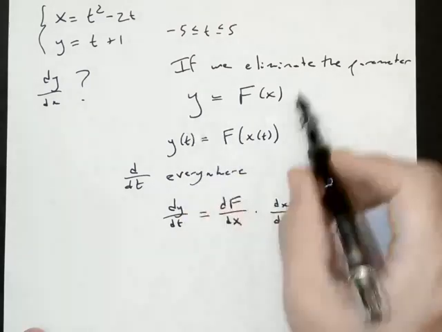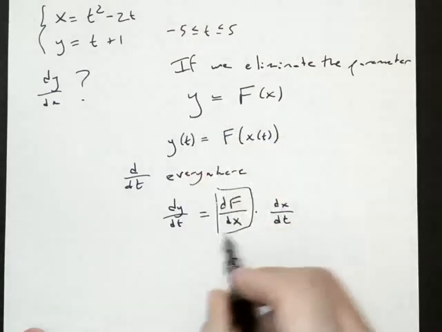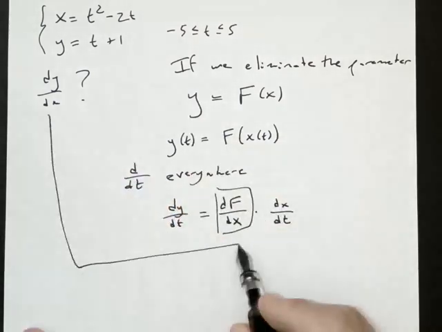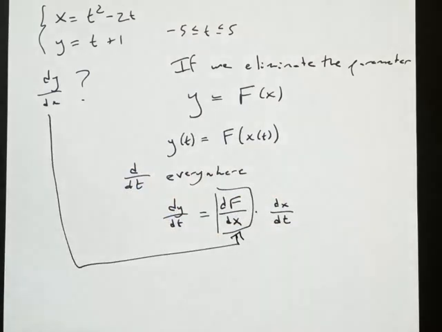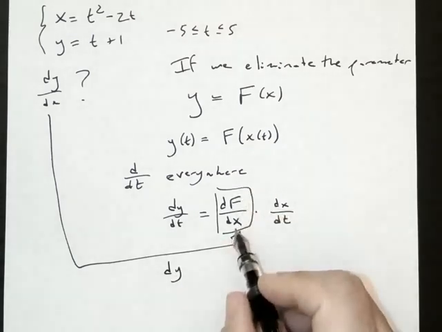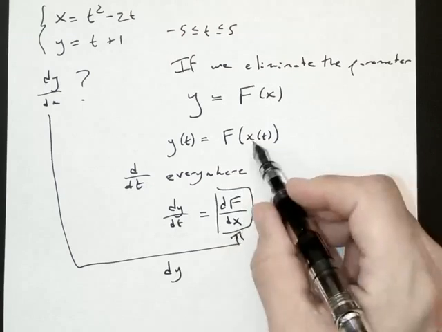But y is f of x. That means that this expression right here, that is dy/dx. As long as this thing is not 0, I can divide. It's inside alone, right? I leave the inside as x.